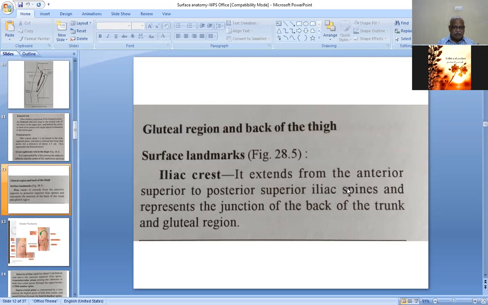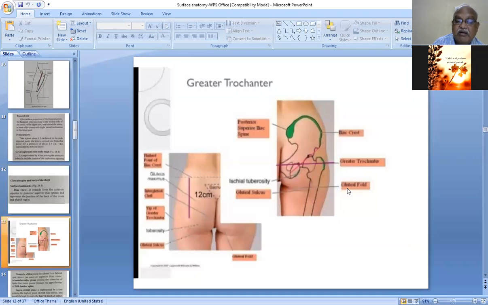The iliac crest is nothing but connecting the anterior superior iliac spine anteriorly to the posterior superior iliac spine posteriorly, forming an arch-like convex. That is the iliac crest. You have to mark it in the body: posterior superior iliac spine, anterior superior iliac spine, and this is the iliac crest.